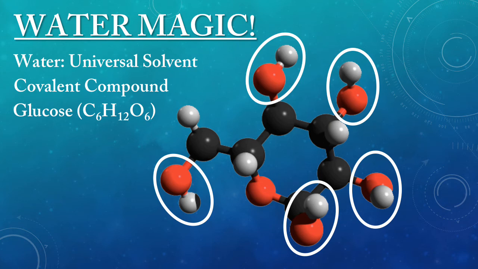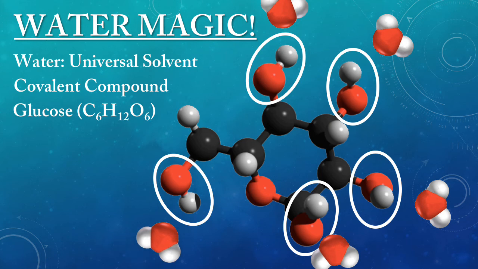So the oxygen is going to have the electrons a little more often than the hydrogens will. And when we put it in water, it's going to start attracting water molecules that are going to be able to separate it apart.